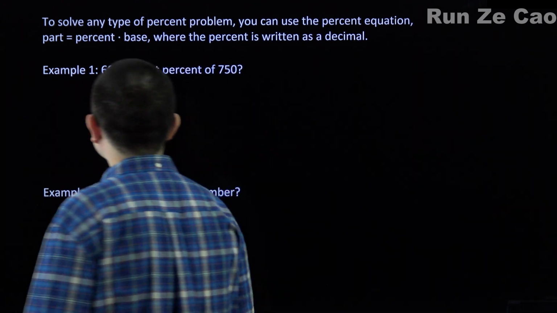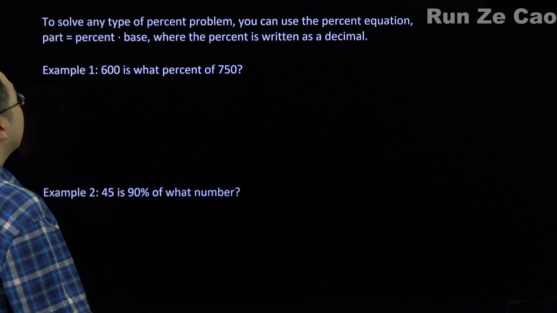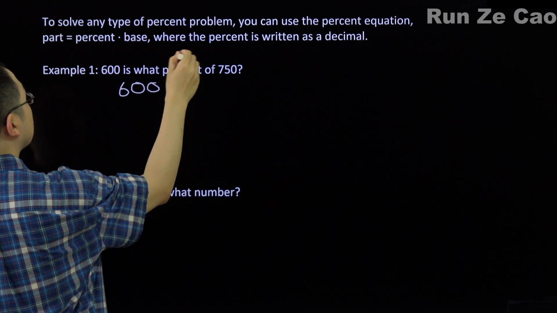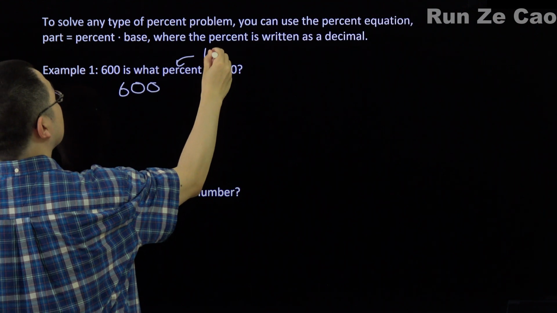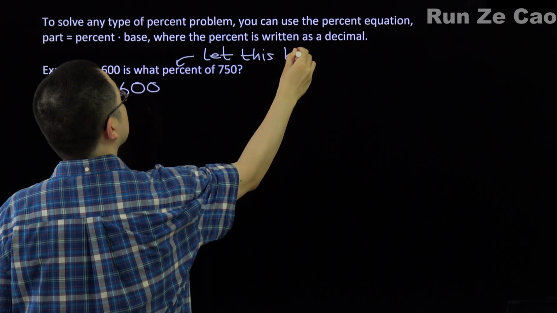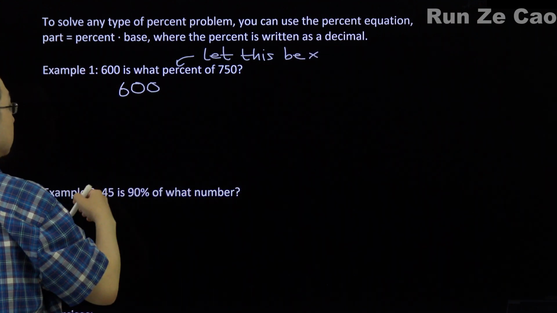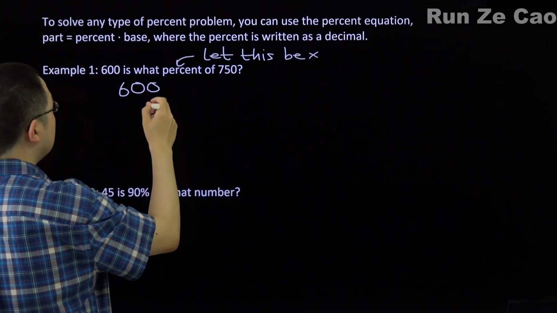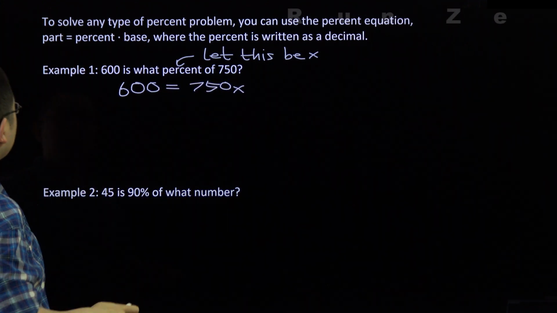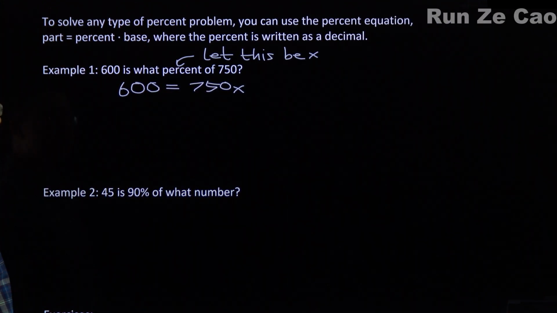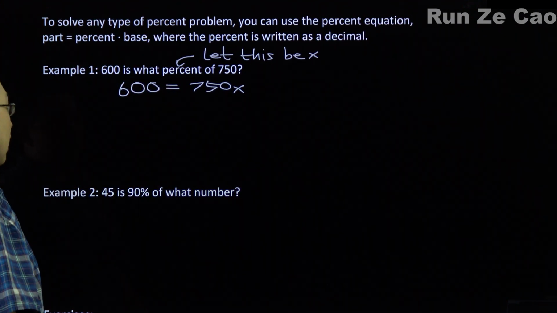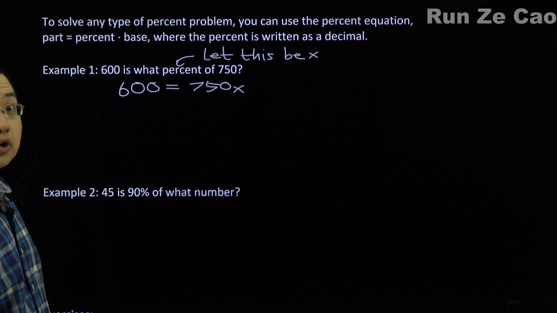But, well, okay. 600 is what percent of 750? Let this be x. Okay, 600 is equal to... Look, I know the equation listed up there puts the x in front of the 750, so percent times base, but really nobody cares.